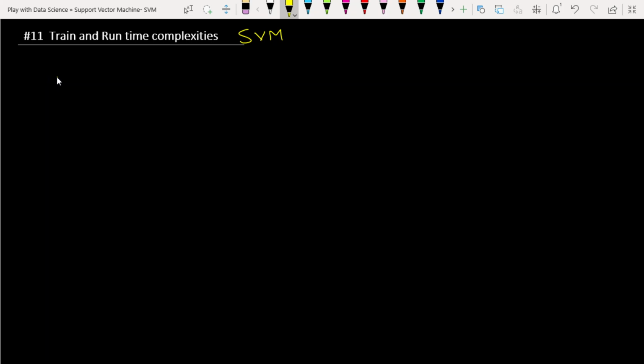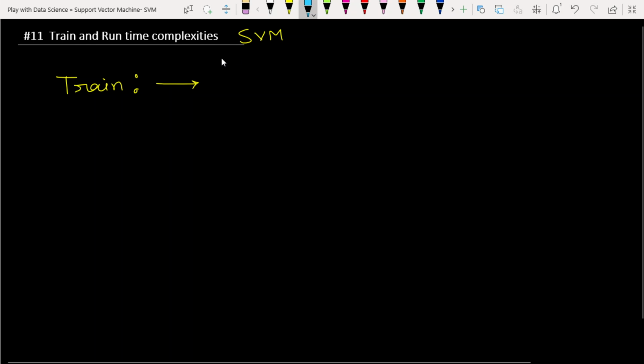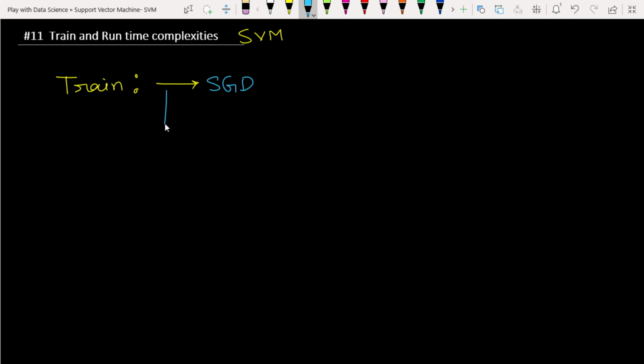First we consider the training time complexity. We can train this SVM in two ways. You can use stochastic gradient descent, or you can use a specialized dual algorithm that we saw in previous classes to train the model.